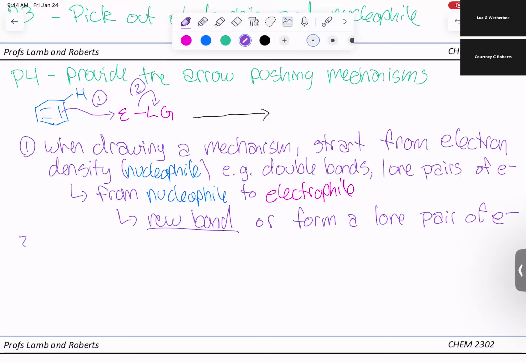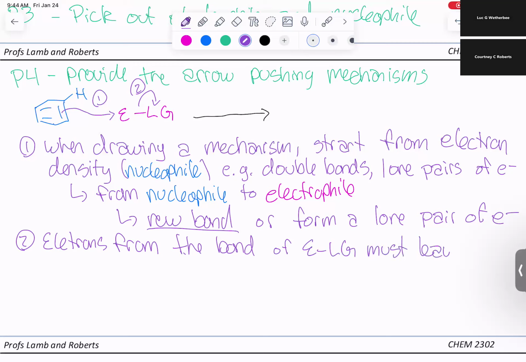All right, so the second arrow is electrons from the bond. Remember, a bond is just two electrons being shared, okay? So electrons from the bond of E leaving group must leave with the leaving group.